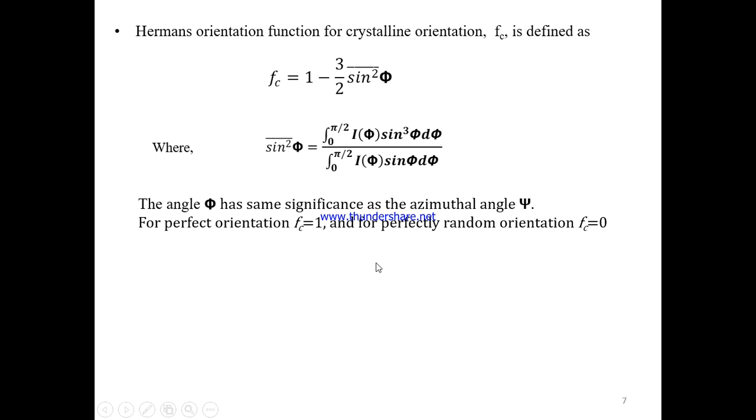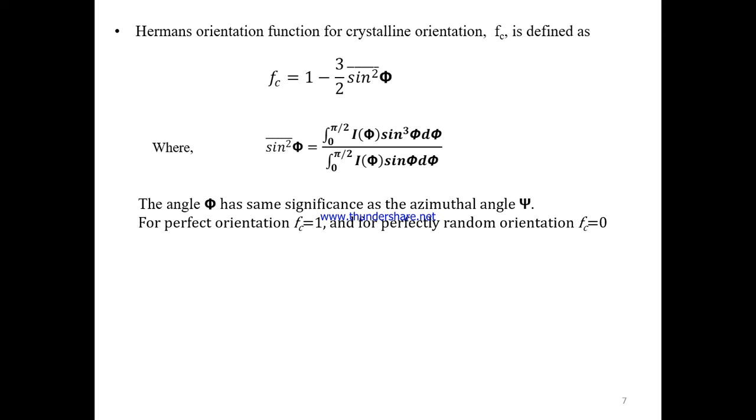When the value of Fc comes to 0, then the fiber has random orientation. And if the value of Fc is approaching 1, then you can interpret that the fiber has a higher molecular orientation.